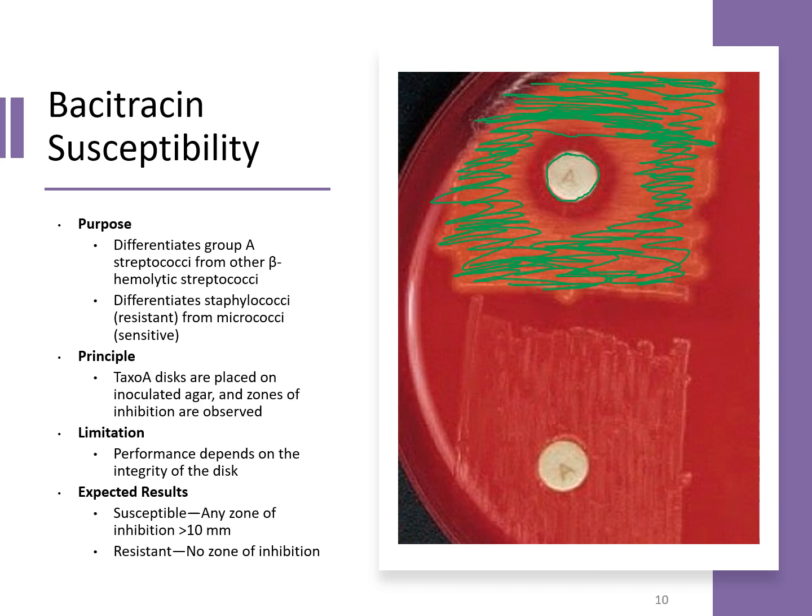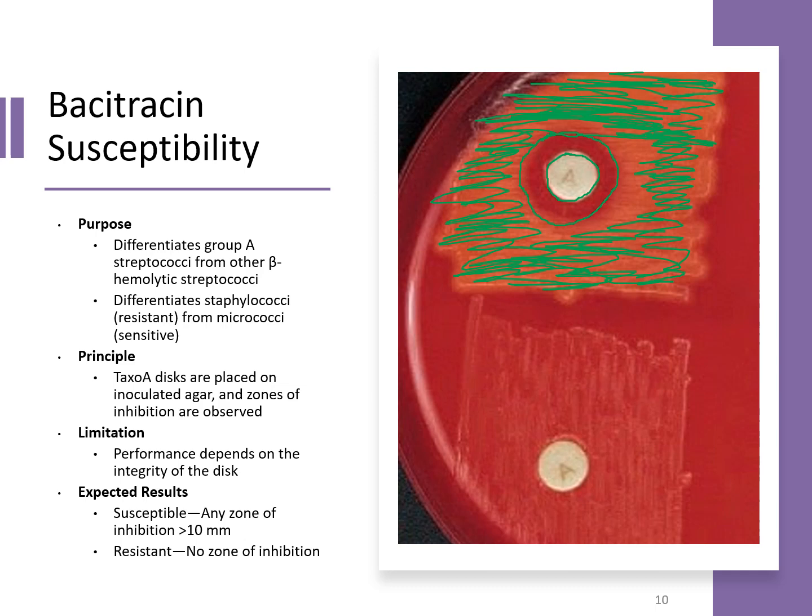And what will happen is that the antibiotic from this disc will leach out into this agar. As it leaches out into the agar, if the organism is susceptible, then it will not grow up to a certain point where that antibiotic starts to dilute out.